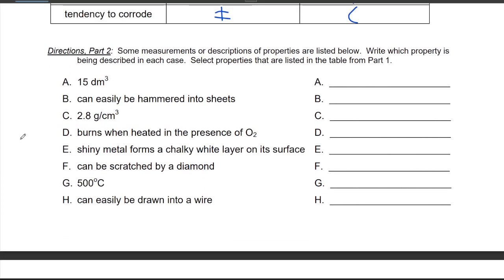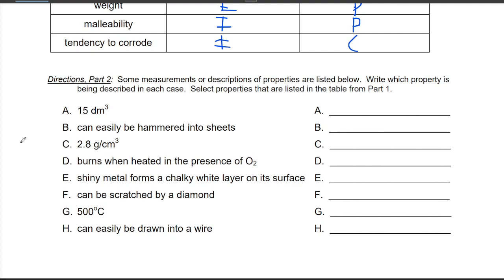So we're going to move on to this section here, where we've learned a lot of properties now from above. We're going to match them. So let's start off here with 15 dm cubed. So we haven't learned much about units yet. That will come in Unit 3. However, it is volume.